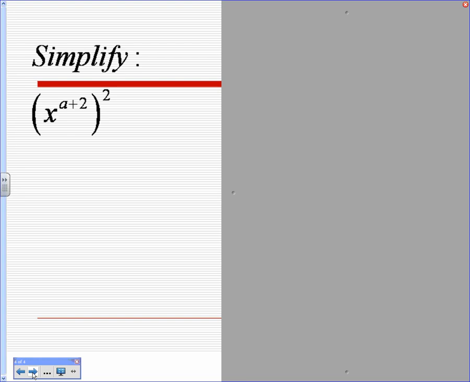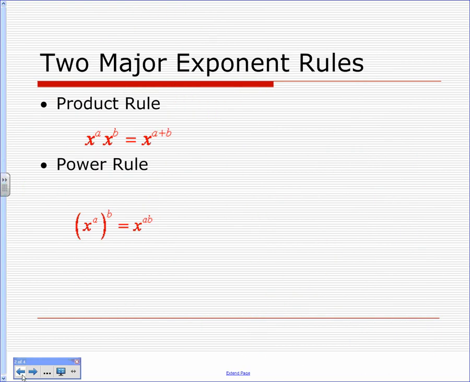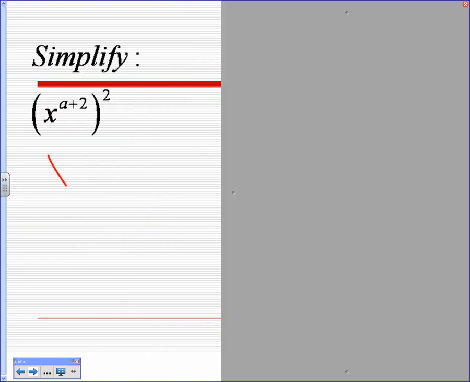It's a power to a power. We're using this rule. What do we do with our exponents? We multiply them. So, what is a times 2? What is 2 times 2? And that is your answer. Do you see how that works?